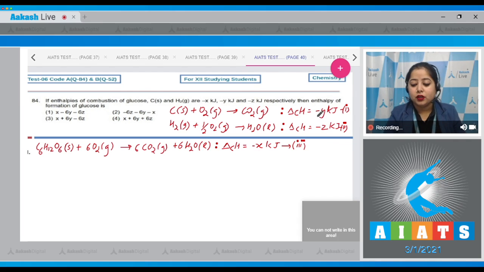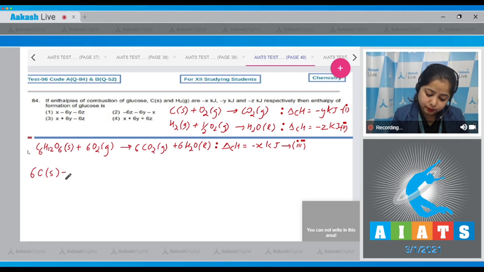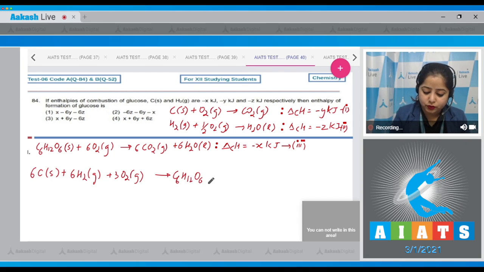We have to analyze the enthalpy of formation of glucose. So I'm writing the reaction that represents the formation of glucose, which is 6 carbon solid plus 6H2 gaseous plus 3O2 gaseous gives C6H12O6 solid. We have to calculate the enthalpy of formation for this reaction.